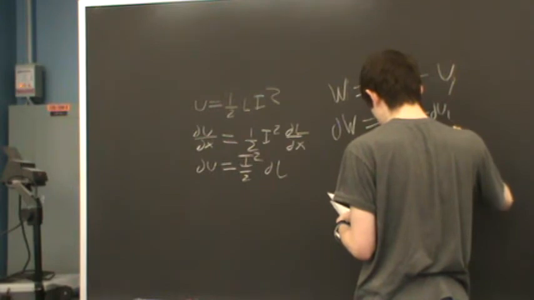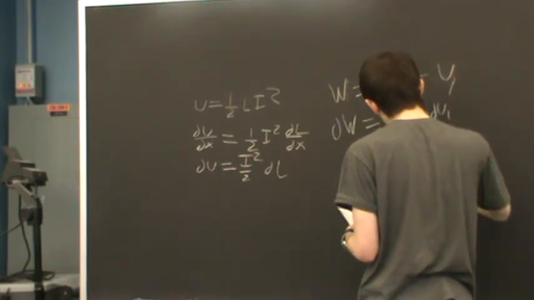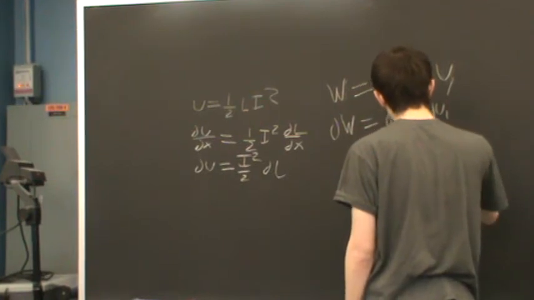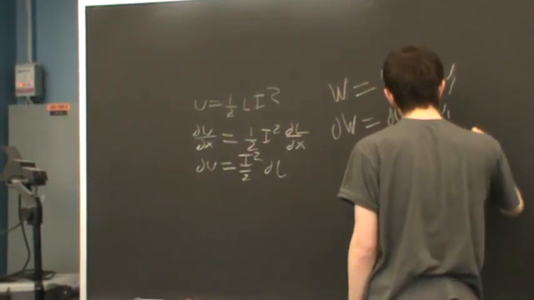I squared over 2. You destroyed the 2. So it's I squared, or not, okay, 2 dU.